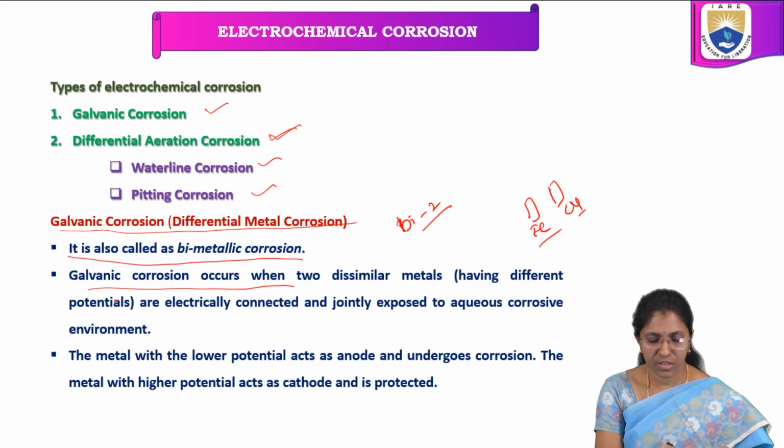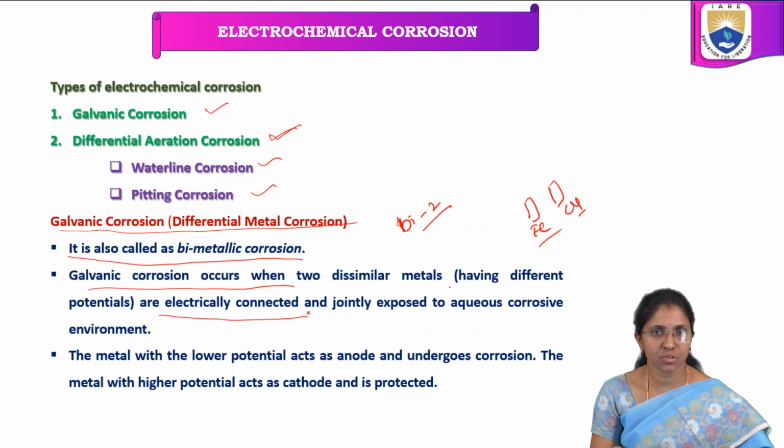Galvanic corrosion occurs when two dissimilar metals having different potentials are electrically connected and jointly exposed to an aqueous corrosive environment.